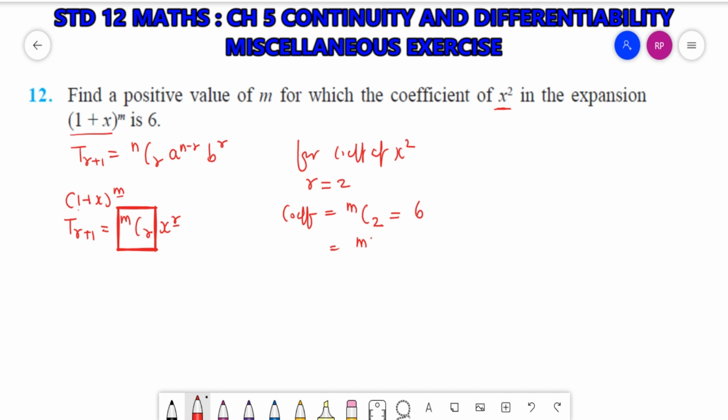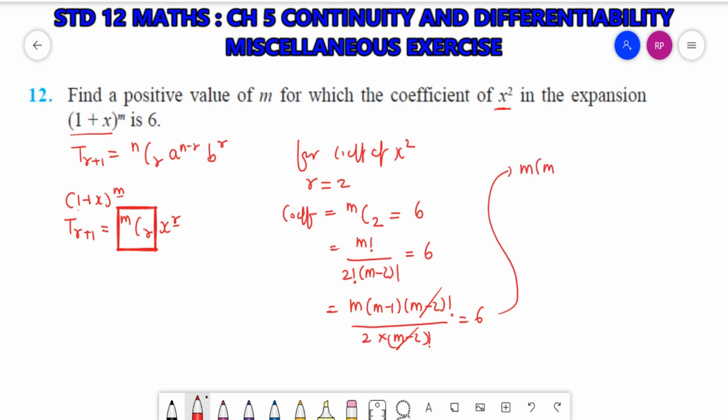So this is m factorial upon 2 factorial (m-2) factorial equal to 6. I will reduce m factorial as m(m-1)(m-2) factorial upon 2 factorial, that is 2, (m-2) factorial, equal to 6. This will get cancelled. m(m-1) will be equal to 6 into 2, that is 12. Now two consecutive numbers whose product is 12 are 4 and 3.